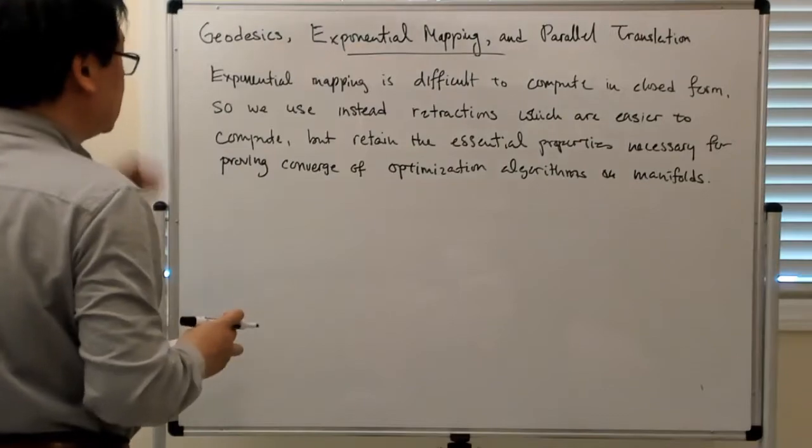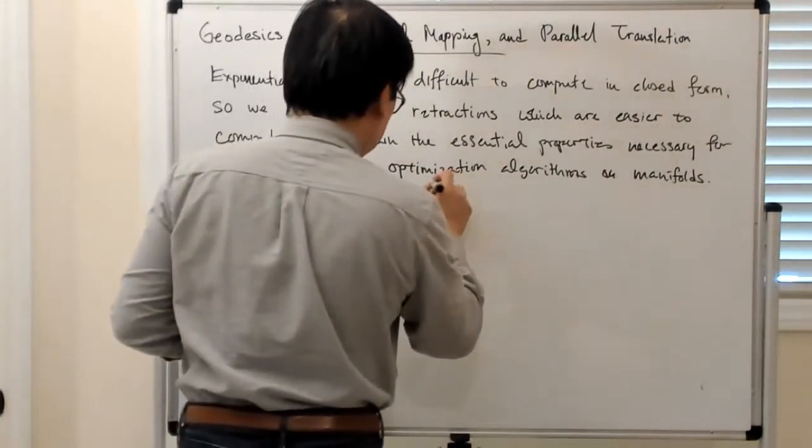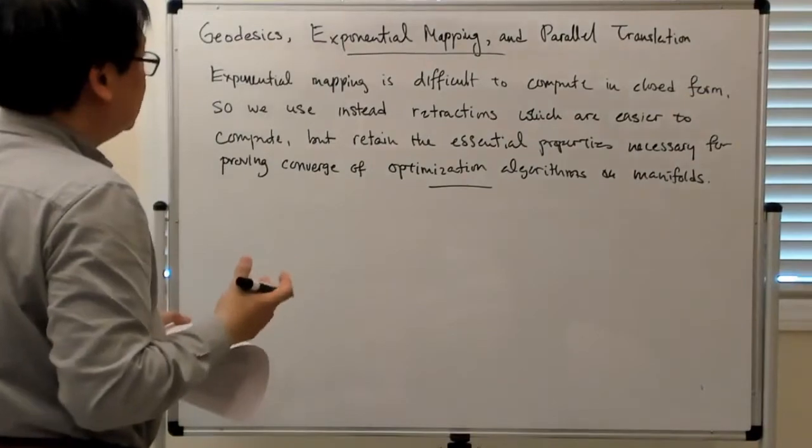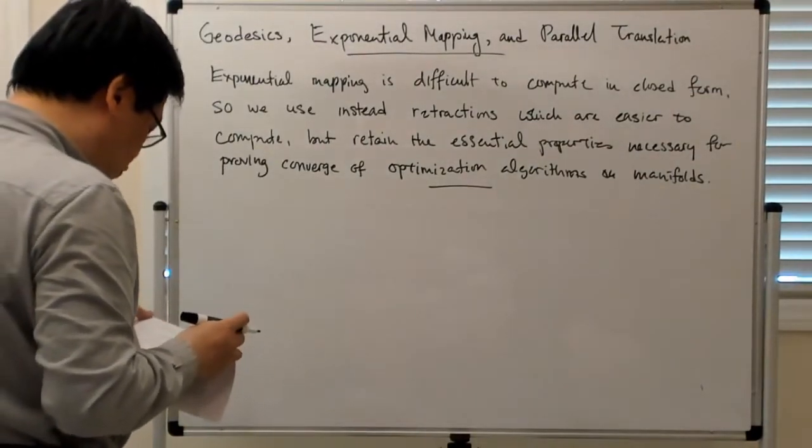So that's one thing, and then the other thing is that the exponential mapping also gives you coordinate charts.